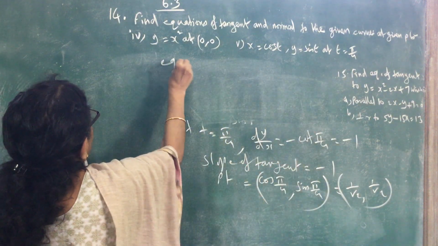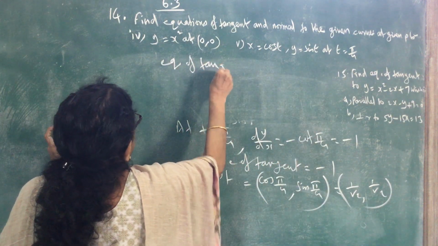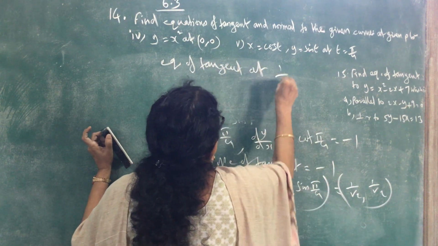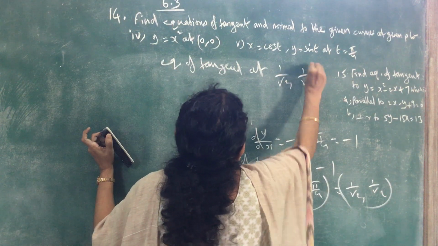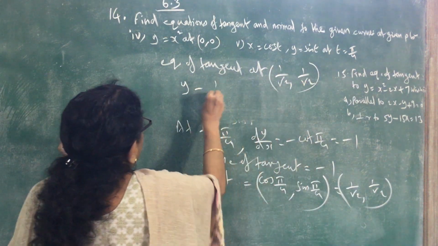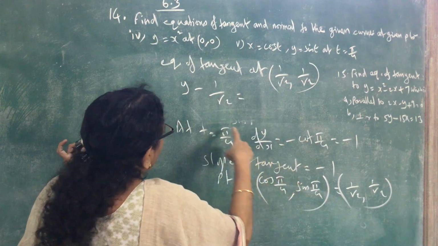Therefore, the equation of tangent at 1 by root 2, 1 by root 2: y minus y1, that is 1 by root 2, equals the slope of the tangent times x minus x1.